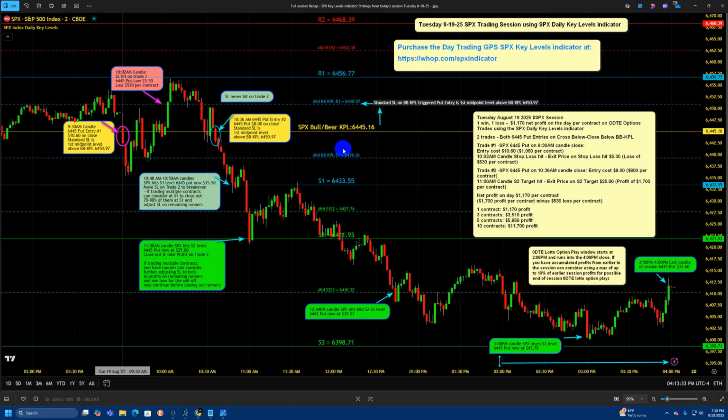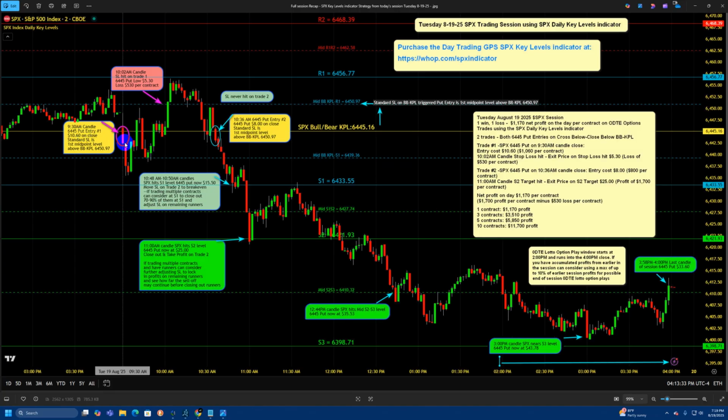So for example, on today's entry, on the 9:30 candle, we had a cross below and a close below the bull bear key price level on the opening candle. So here we would take a 64.45 put entry because that is the closest strike to the bull bear key price level for today. So we'll be using an at the money option, in this case 64.45.